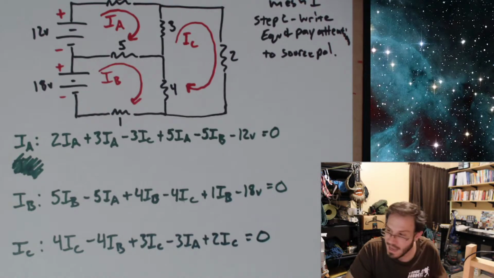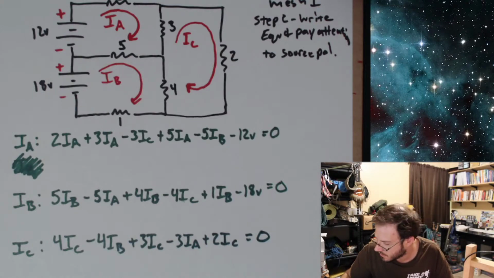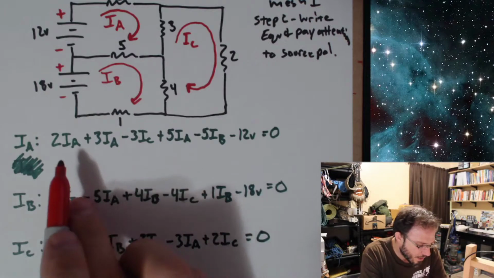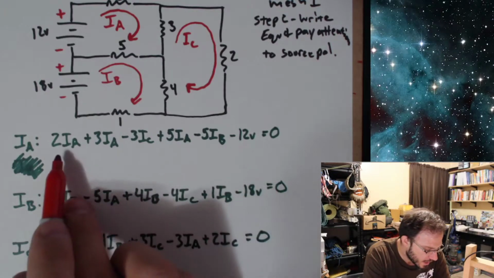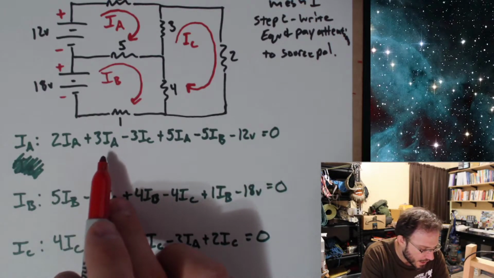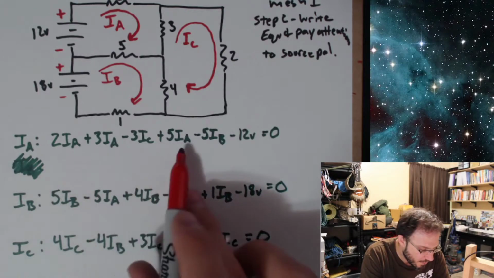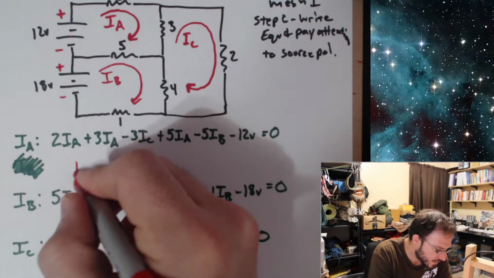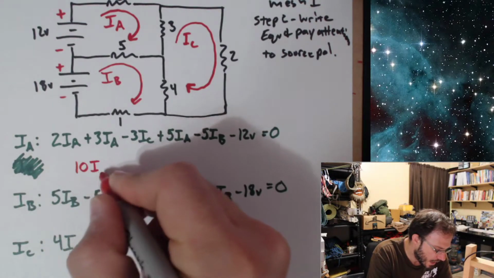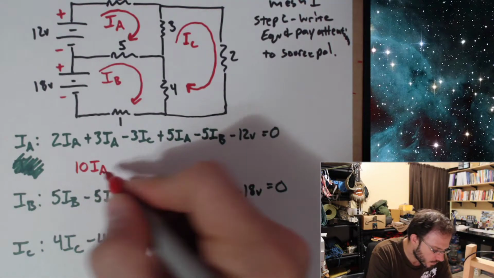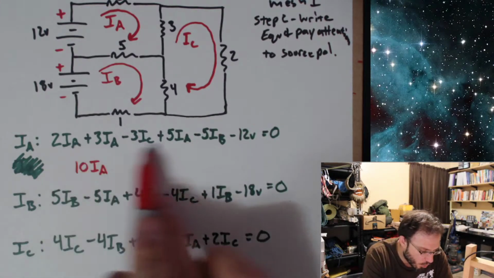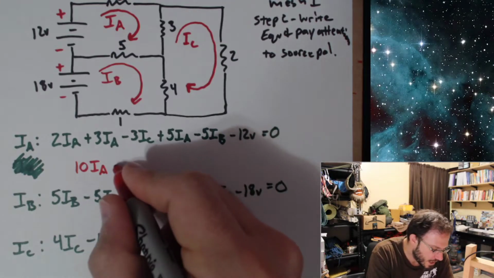Now let's go ahead and reduce these equations. Let's gather up our terms. I'm going to gather up the IAs first. I have 2 IA plus 3 IA, so that's 5, plus another 5 IA, so I have a grand total of 10 IA. Now searching through my IBs, I only have 1 IB here, so minus 5 IB.